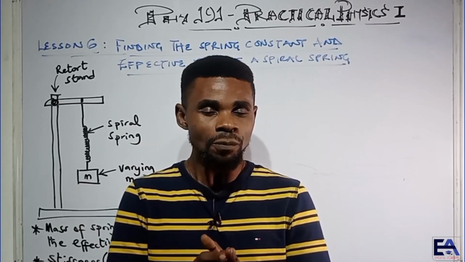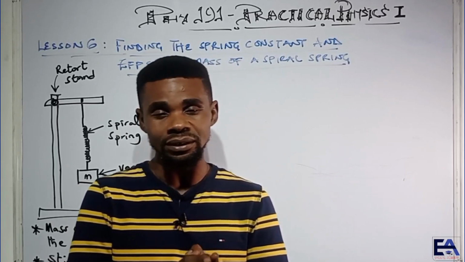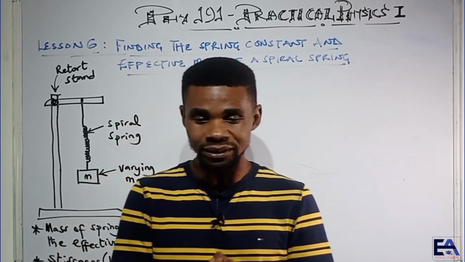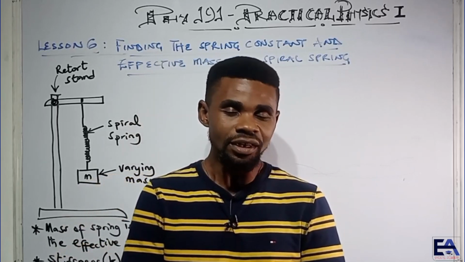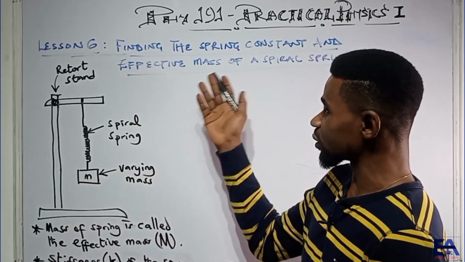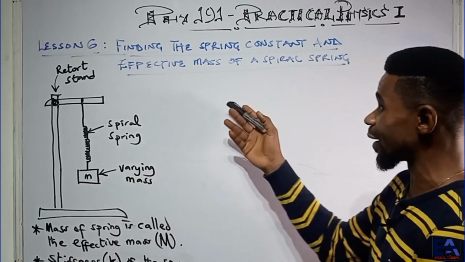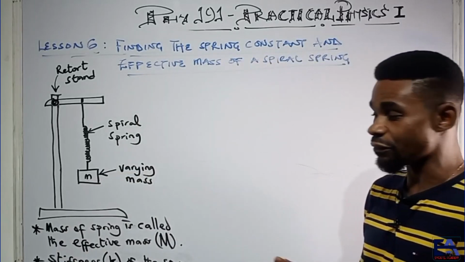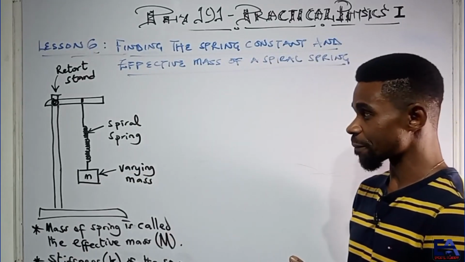This is the third video on that same matter. In this video we talk about a spiral spring, trying to find the spring constant and the effective mass of the spiral spring.